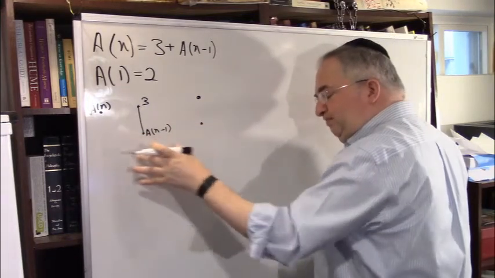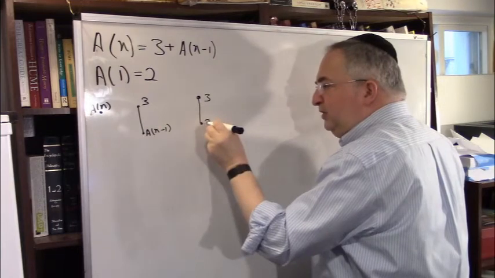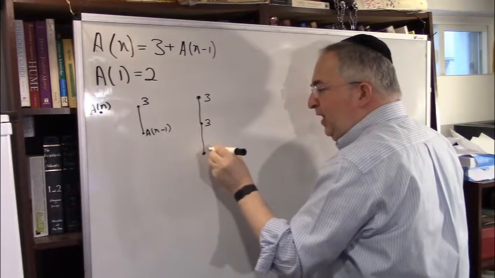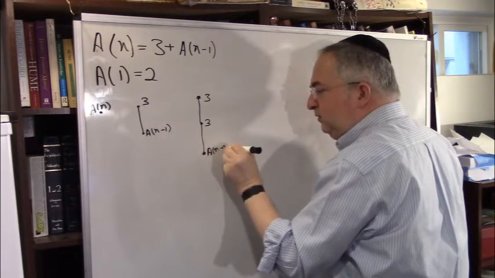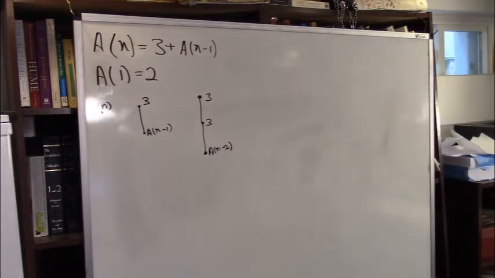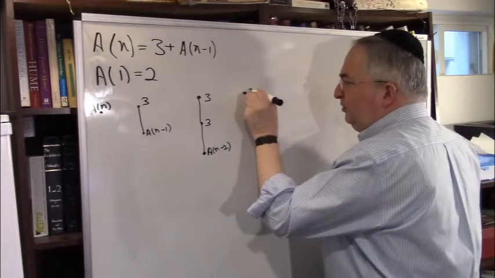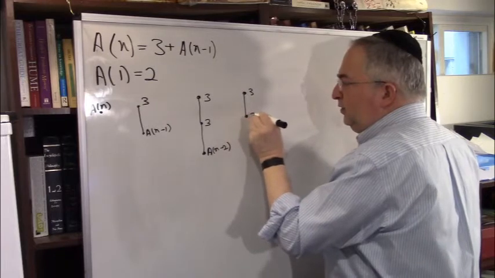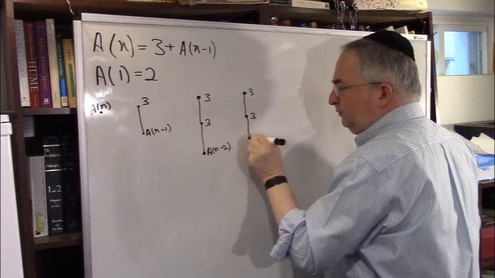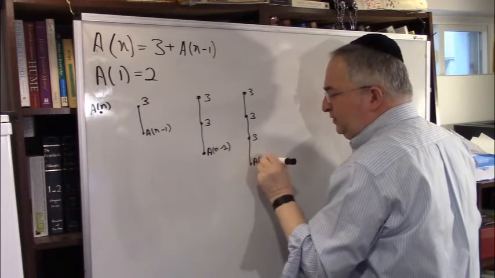So again, you're building these trees. This is a 3, and A of n minus 1 is equal to 3 plus A of n minus 2. This becomes 3, 3, 3, A of n minus 3.